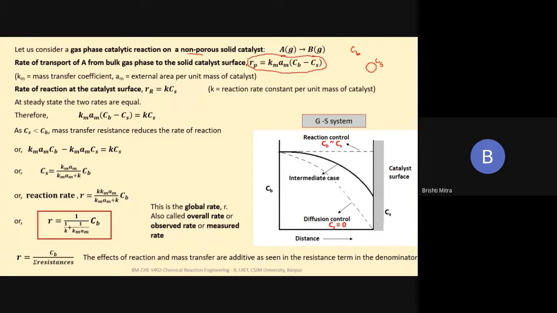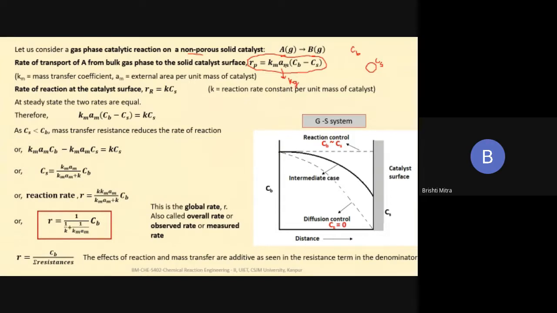So what is Km? Km is my mass transfer coefficient. Depending on the unit, it can be written as Km, or sometimes in terms of kg, which you might have seen in your mass transfer books. It all depends on the unit.